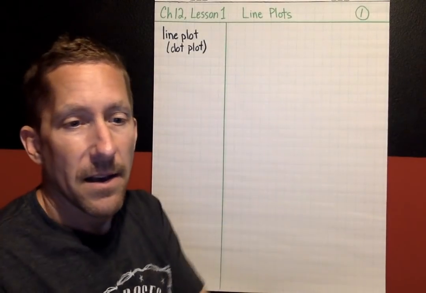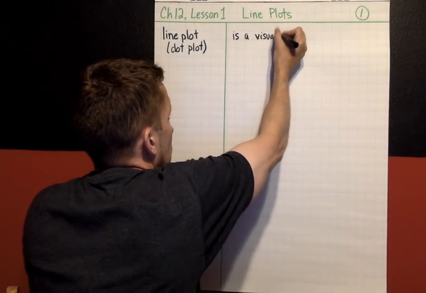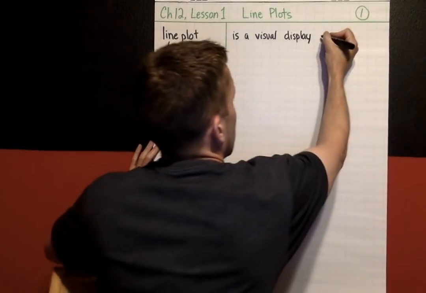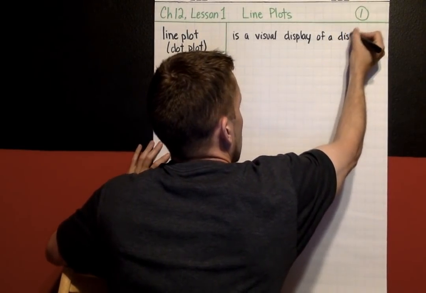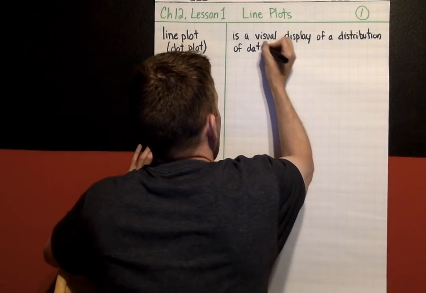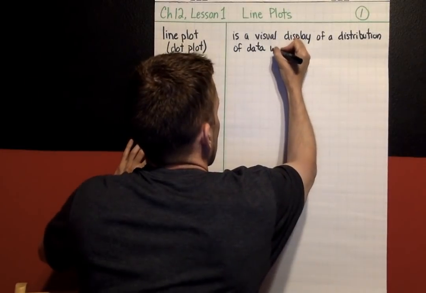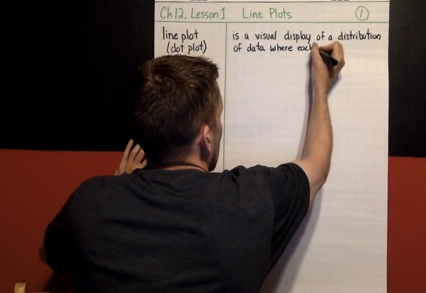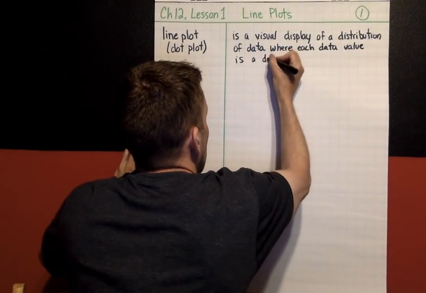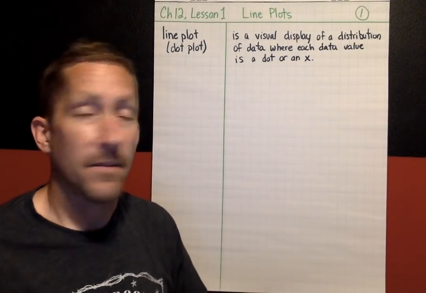So a line plot is a visual display of a distribution of data where each data value is shown as a dot or an X. Okay, so there is the definition of a line plot or a dot plot.